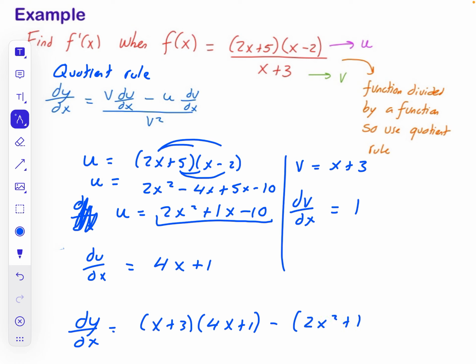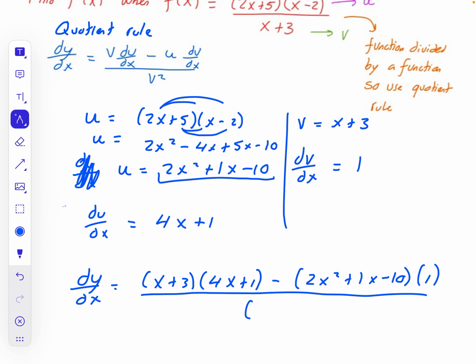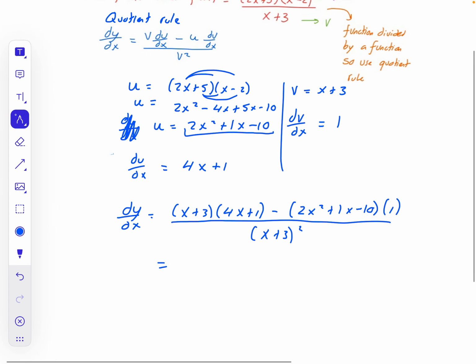Actually, I don't have to write down the two brackets. I can write down what I have simplified it to. So 2x squared plus 1x minus 10, multiplied by dv dx, which is just 1, all divided by v squared, which is x plus 3 all squared.